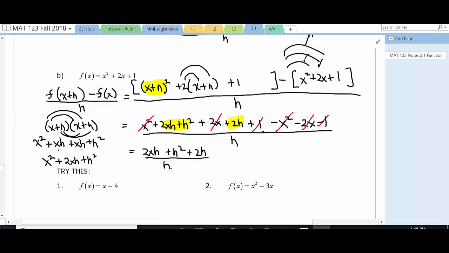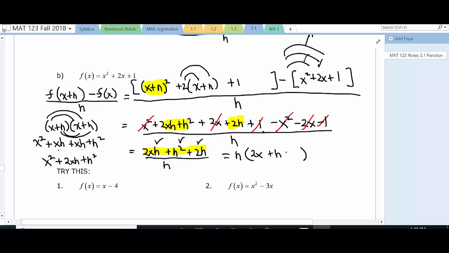What will always happen on these problems is if you do everything correctly, that h will cancel out at the end. So we're going to factor this numerator. I'm just going to take an h out. There's an h in every term of the numerator, so I take an h out, then I have what's left. h has to be multiplied by 2x to get that first term. h has to be multiplied by h to get h squared.